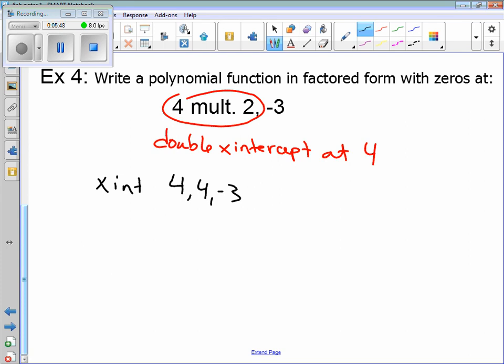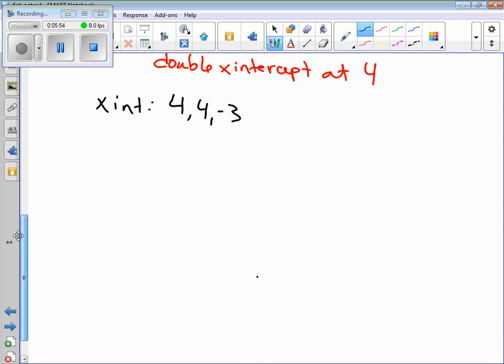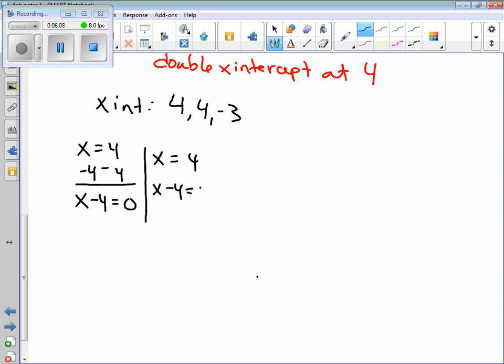So we have to write the factored form of this. When x equals 4, the factor is x minus 4. Even when you have another one, it's going to be x minus 4. And the last one, when x-intercept is -3, add 3.